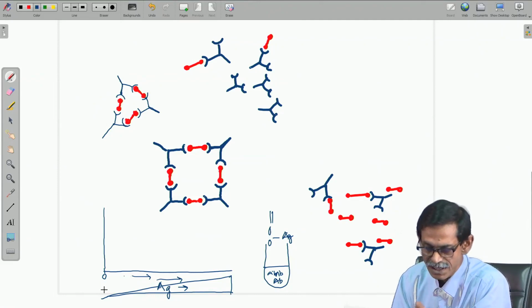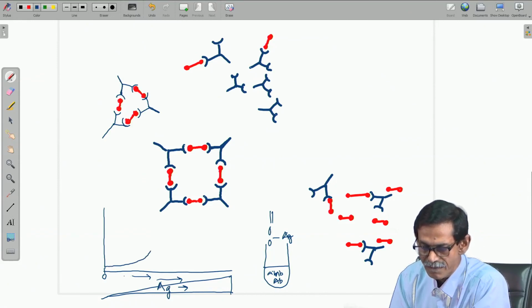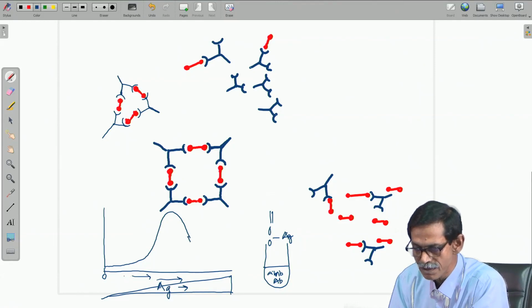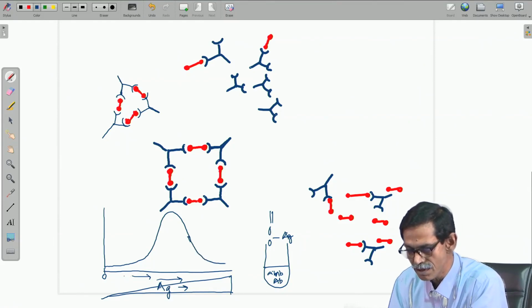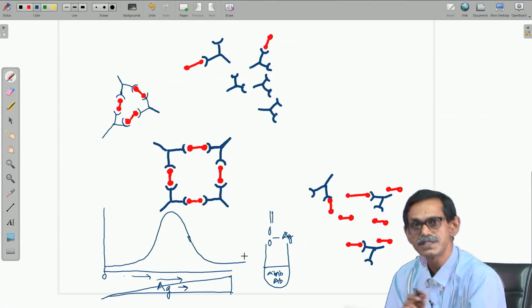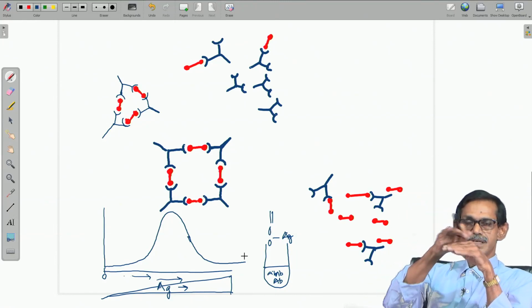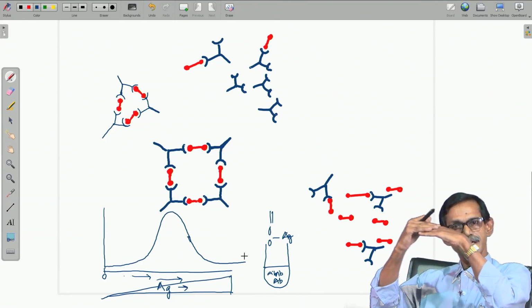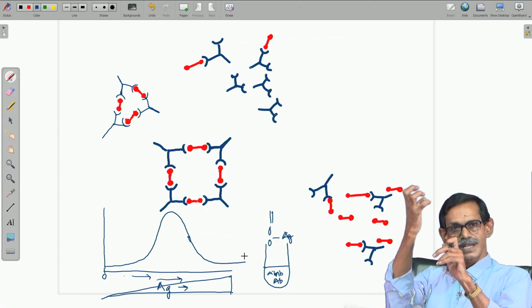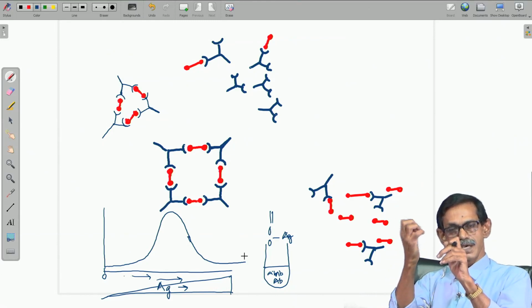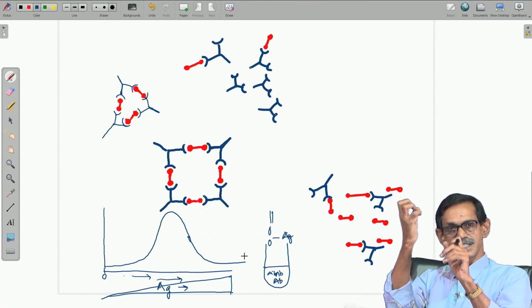So, what we will see is initially there is no precipitation, in the middle there will be precipitation. This is the amount of precipitation I am drawing. If you keep on adding, the solution is clear, clear, clear, and suddenly you see some cloudy precipitation happening, and then the cloudiness increases.